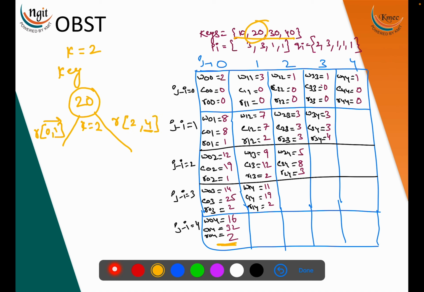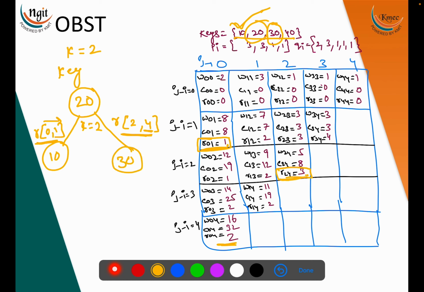Now, what is the value of R0,1? R0,1 is 1, which is the k value, so in the first position, which key is there? 10 is there, so it should be 10. Now the right position value: R2,4 is 3. So the key value is 3. Who is in the third position? 30.